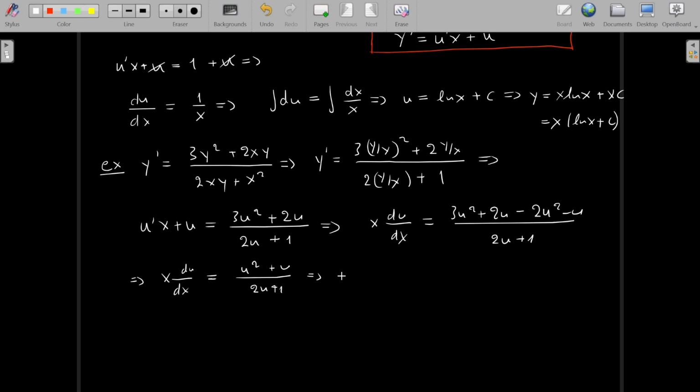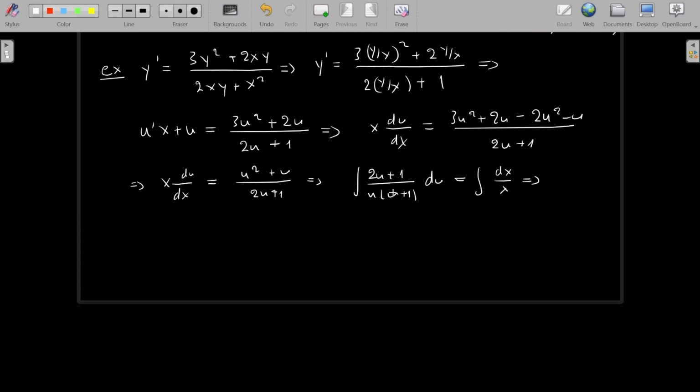Now we can finally get to a separable equation, where we have the integral of (2u plus 1) over u times (u plus 1) du equal to dx over x, right? And like we said before, we have two real roots here.